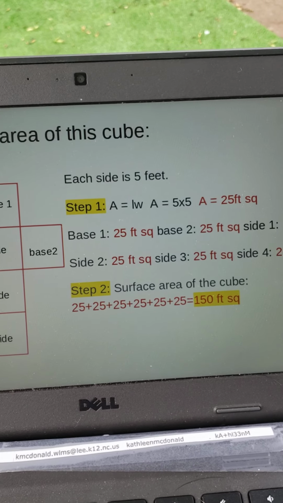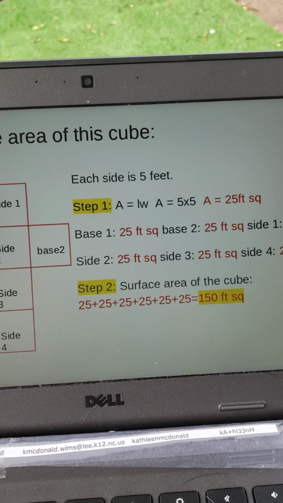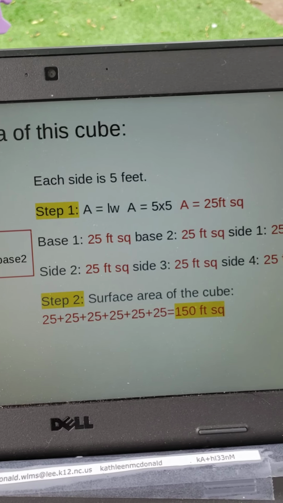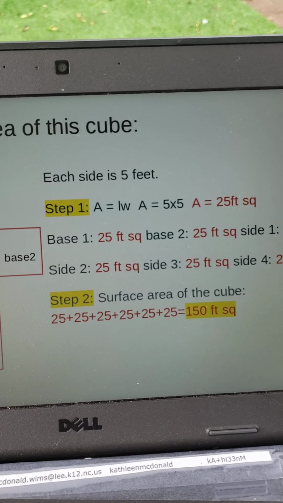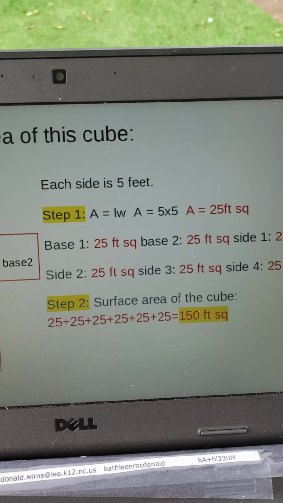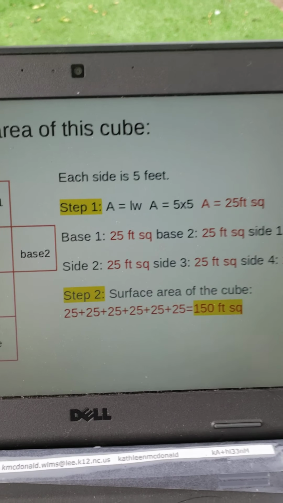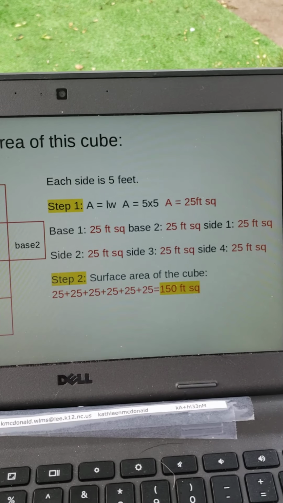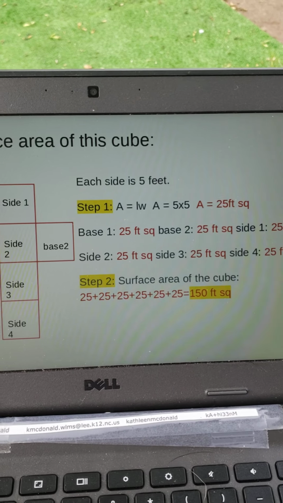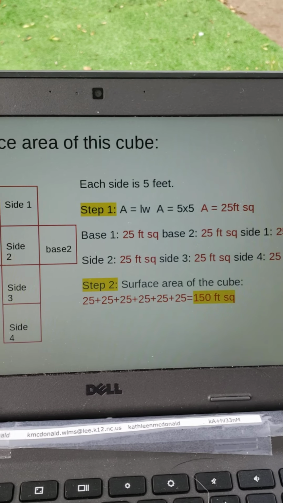So we have step 1, area equals length times width. So 5 times 5 is 25 square feet. So base 1 would be 25, and each one of the sides, you've got 25 6 times, which gives you 150 square feet.